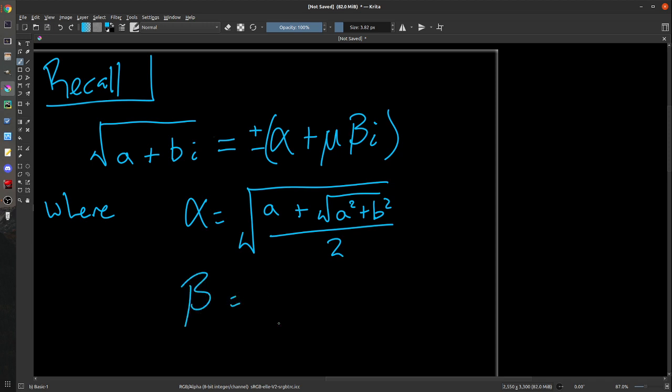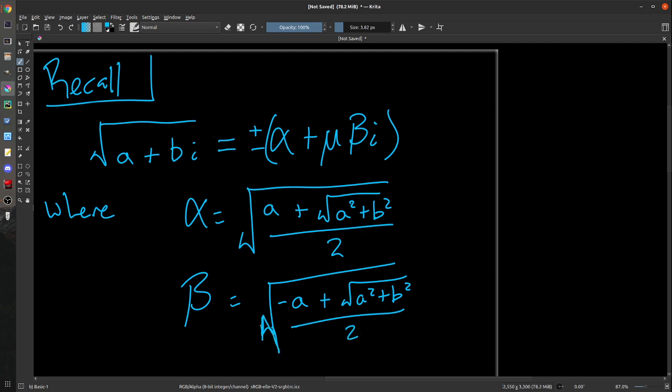Beta is equal to the square root of (minus a plus the square root of a squared plus b squared) over 2. And I should be clear, this square root sign does the whole thing right there.